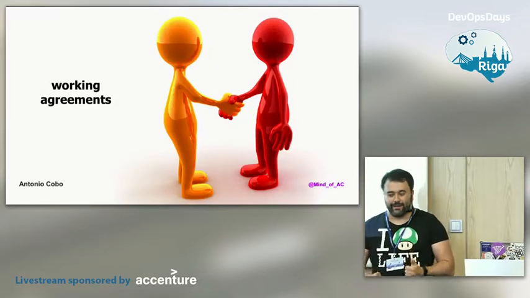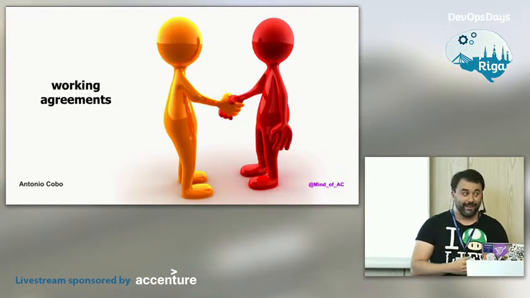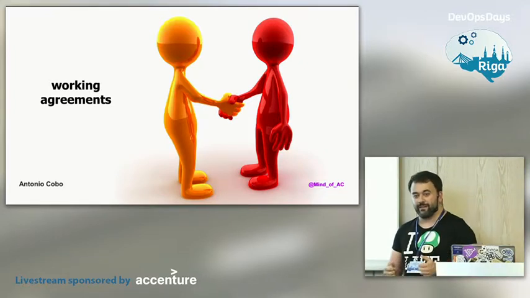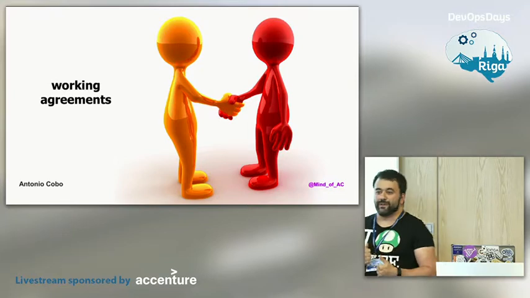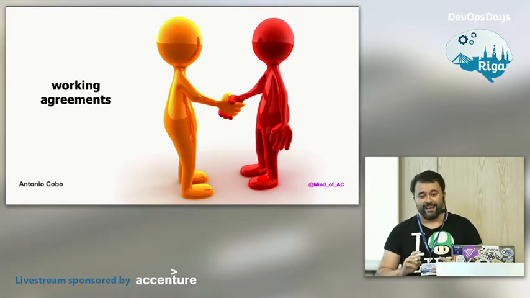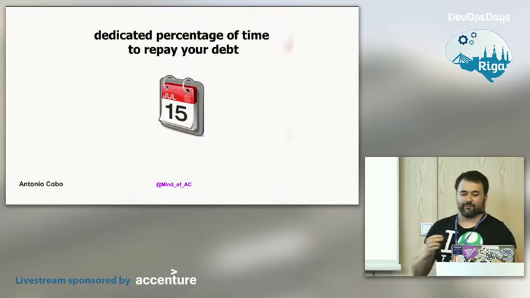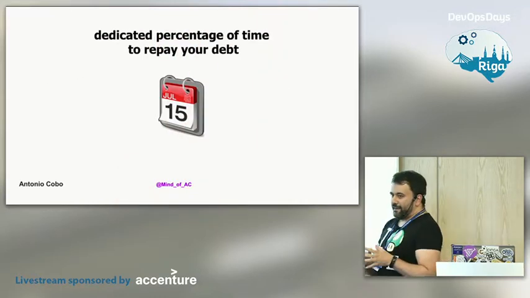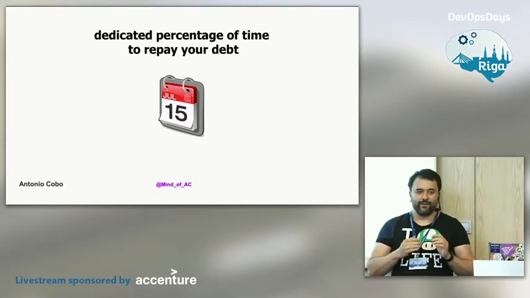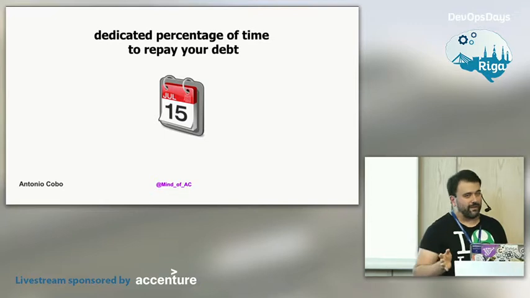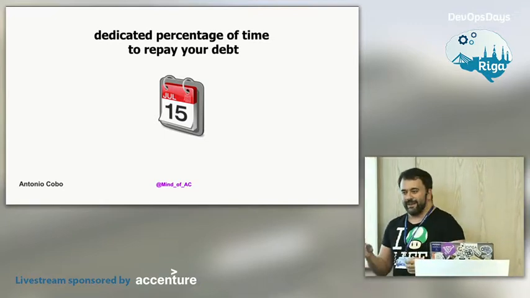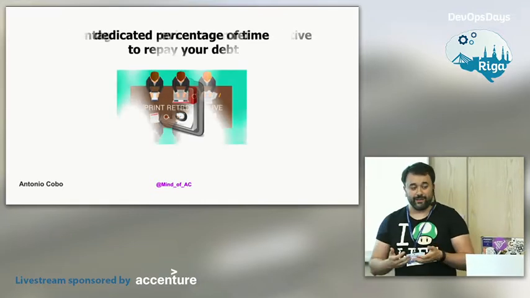You need to agree on the percentage of time that you are going to dedicate, how much time someone is going to spend refactoring or dealing with technical debt. But it has to be agreed with the product owner. Define at the beginning of your sprint how much time to dedicate to technical debt, whether 5%, 10%, or the whole team or the whole sprint, because it could even be the goal.